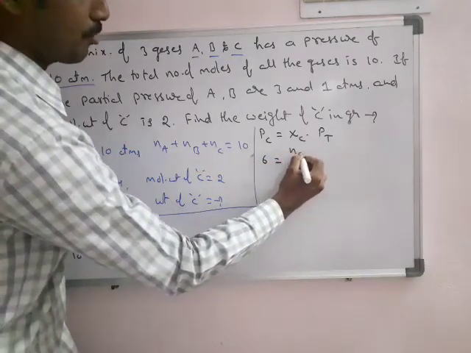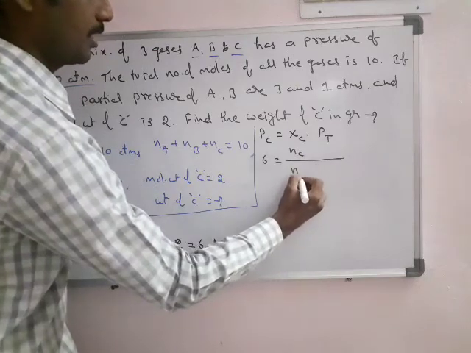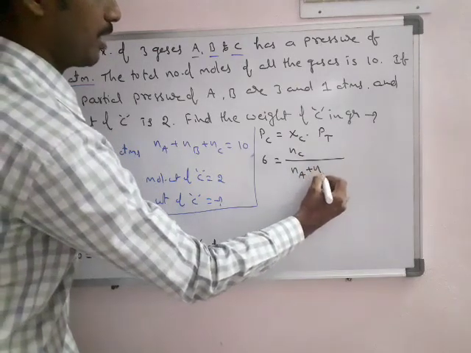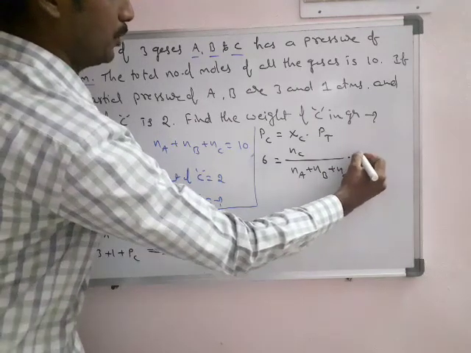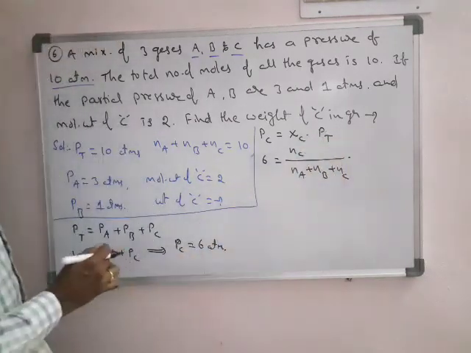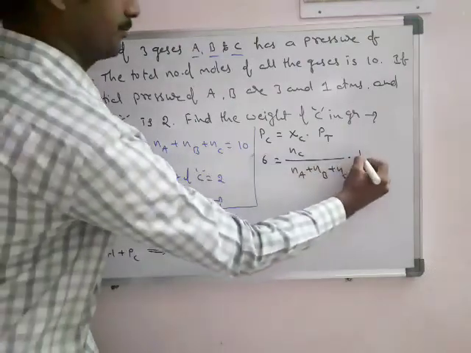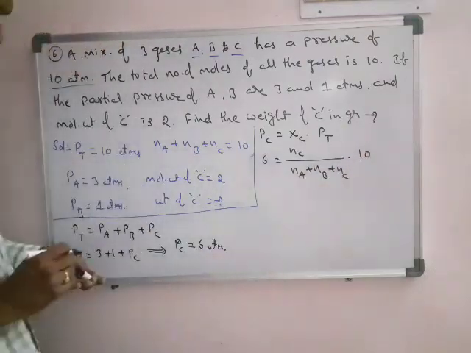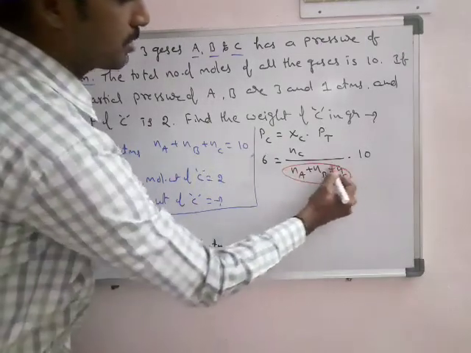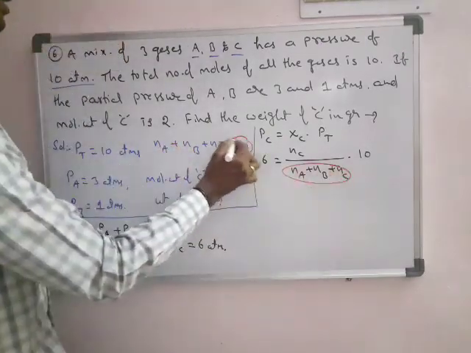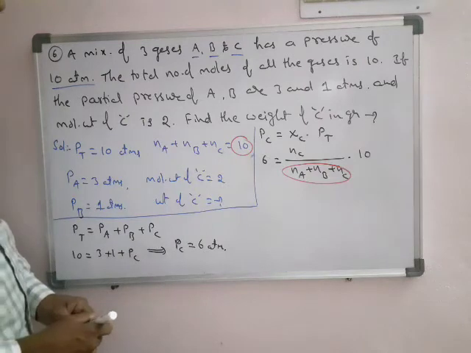Now you got that partial pressure 6. XC means number of moles of C by number of moles of A, number of moles of B, number of moles of C, into P total. So what is PT? 10. And the total number of moles is also given as 10. Substitute that here.